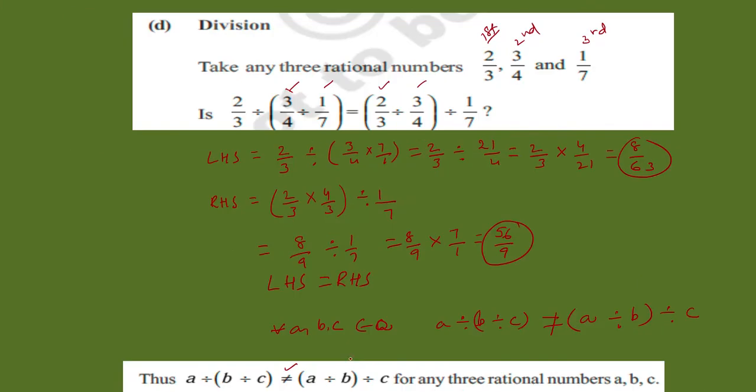And division is not associative. So in rational numbers, addition and multiplication are associative. Subtraction and division are not associative.